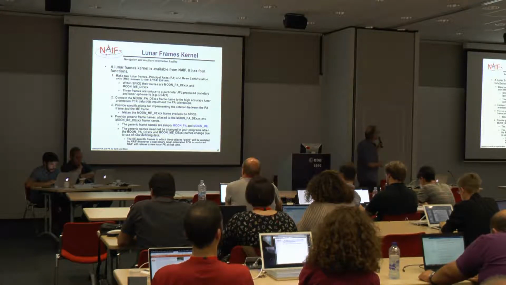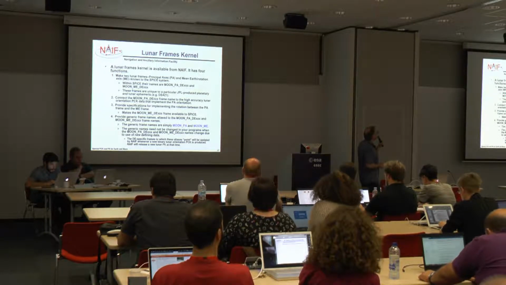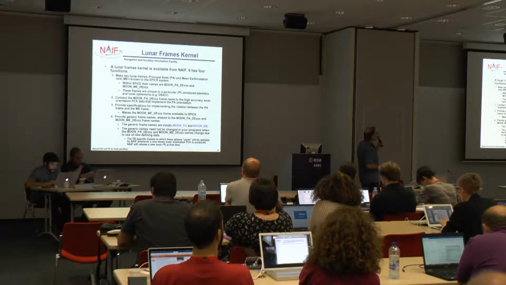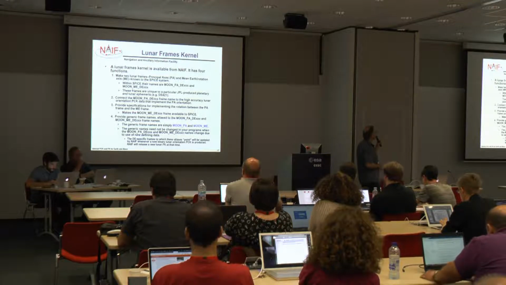But the ME frame is standardized because it's defined in terms of a direction to the Earth. And of course, the moon's orbit around the Earth is very well known. So the mean direction of the Earth is well known as well. And it is this moon ME frame that is usually used for cartographic purposes. It's the one in which the locations of the lunar retroreflectors are accurately known and so forth.